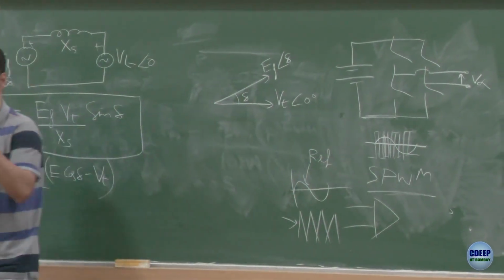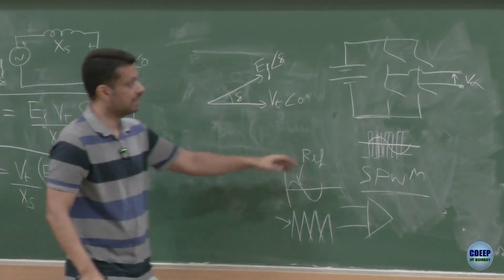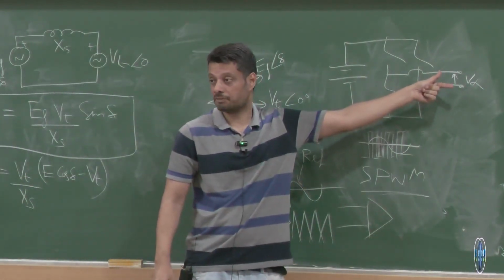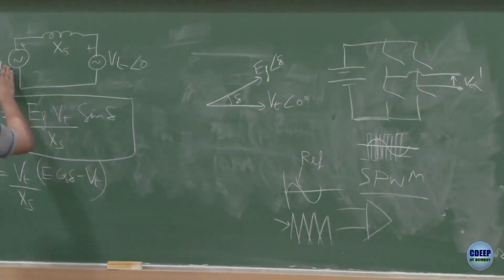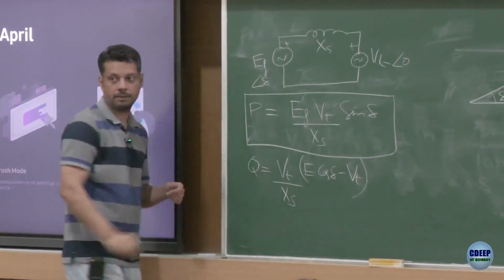So now for the reference, you can change the angle of the reference, you can change the magnitude of the reference, which would change the angle and magnitude of the fundamental component of V alpha. Let me call it V alpha 1, and which would change the angle and magnitude of this source, which in this case I have written as EF and delta.